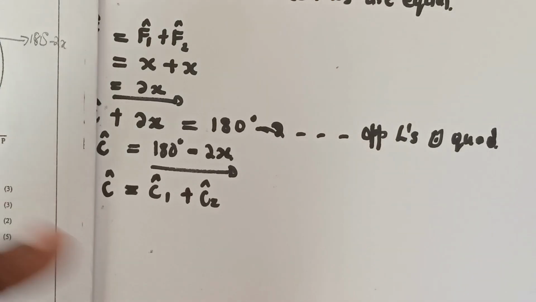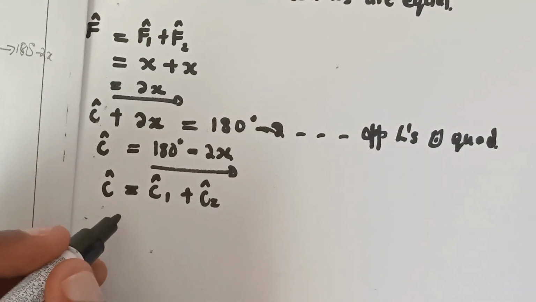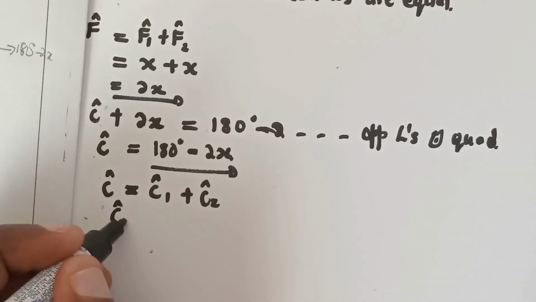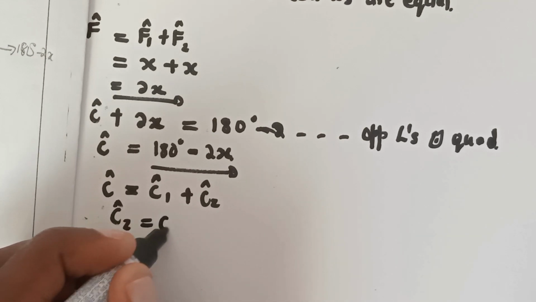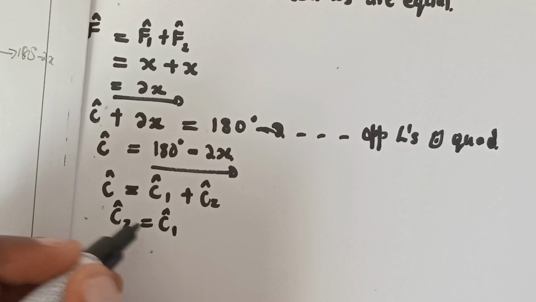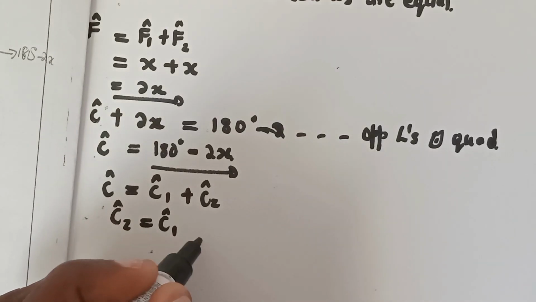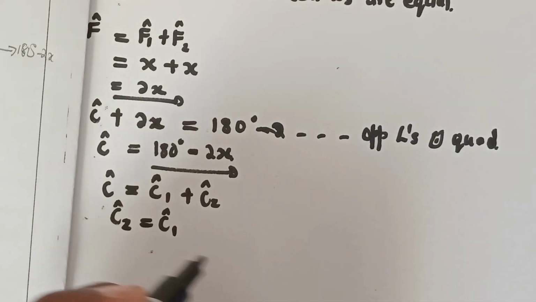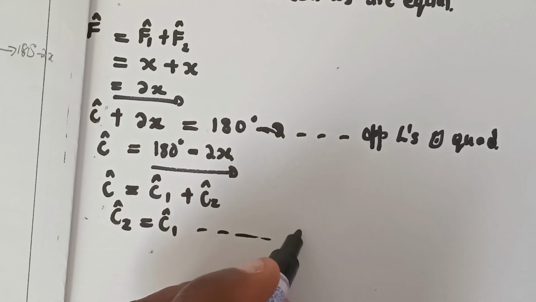We can just divide that by 2. So angle C2 is equal to angle C1, properties of a rhombus.